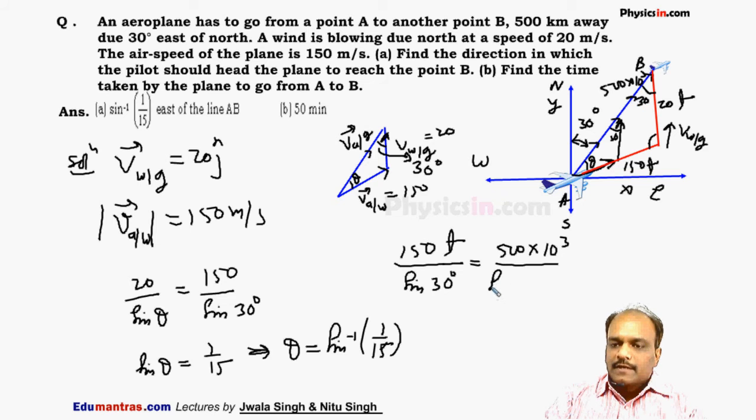So you can say it is sine theta plus 30 degree. Now we know the value of theta, so solving it we get time which is equal to 50 minute. Note it is in minute, so in second the answer is different.